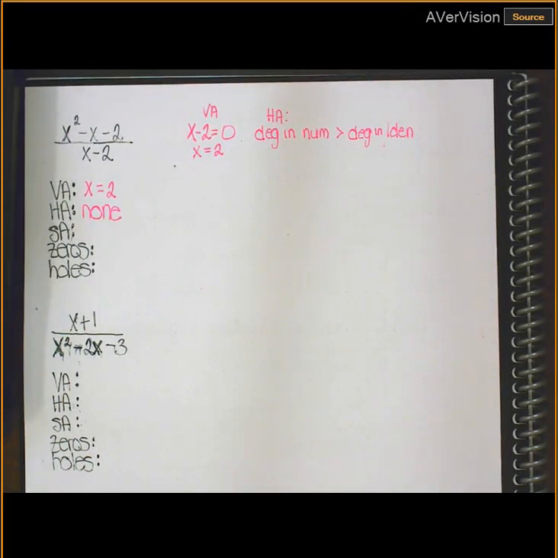How do we find slant asymptotes? We have to use division, right? But what do we need to check for before we can do that?